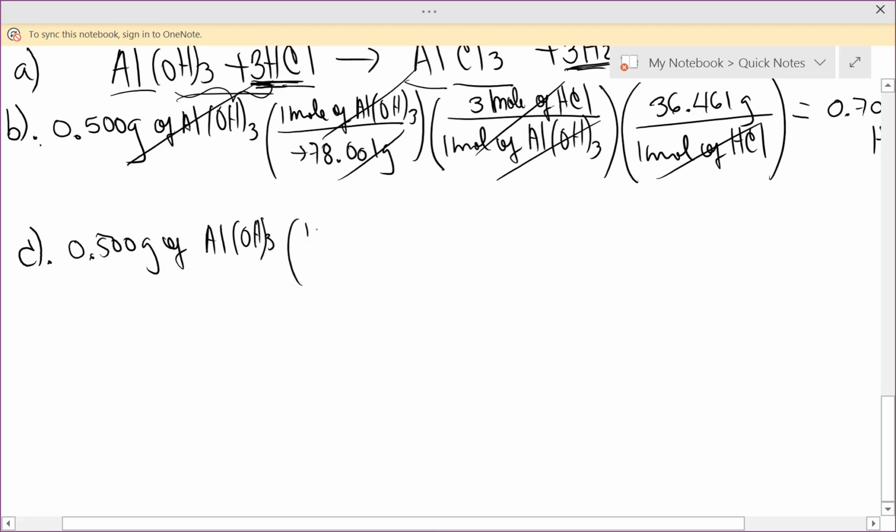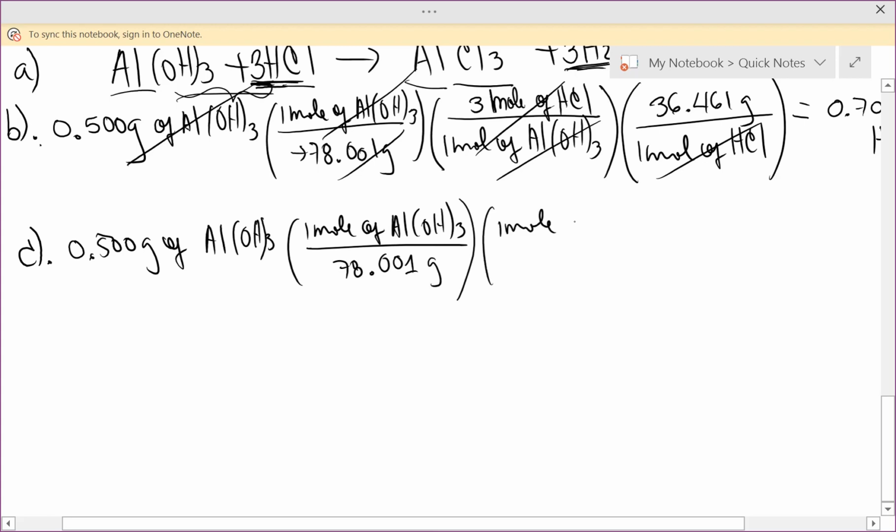So 1 mole of Al(OH)3 over, this is equal to 0.001 gram. So 1 mole of AlCl3 is equal to 1 mole. Remember that you just have to follow the balanced equation.